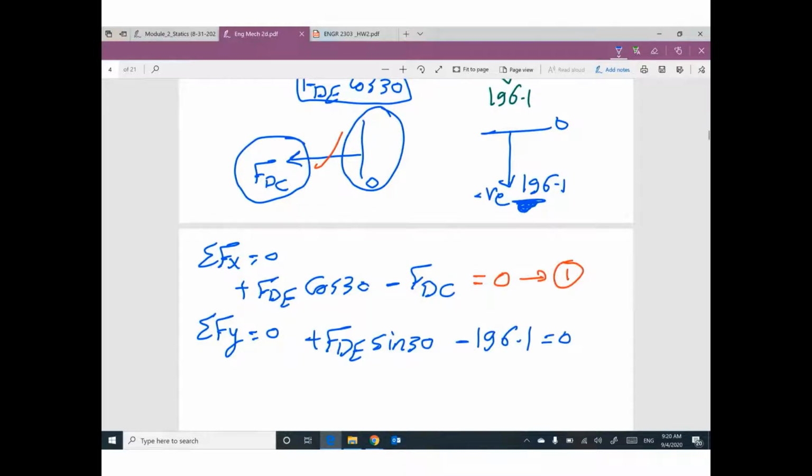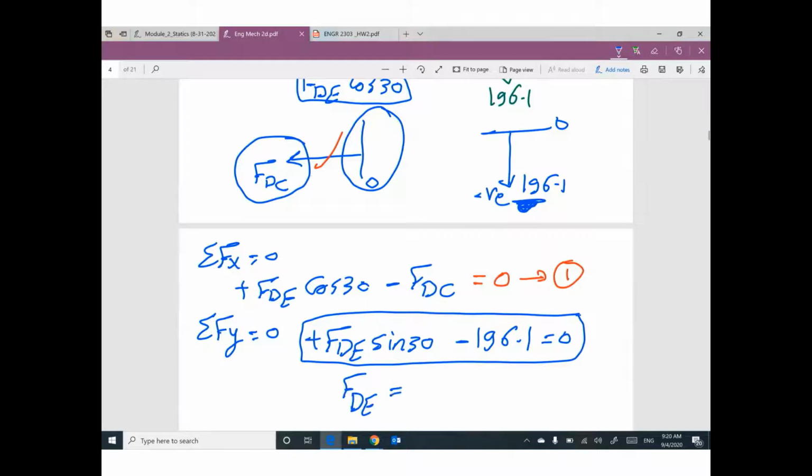I believe I can do something with this equation because I have only one unknown, which is FDE. FDE, if I move this number to the other side, will be positive 196.1 divided by sine 30. So your value will be 392.2 Newton.